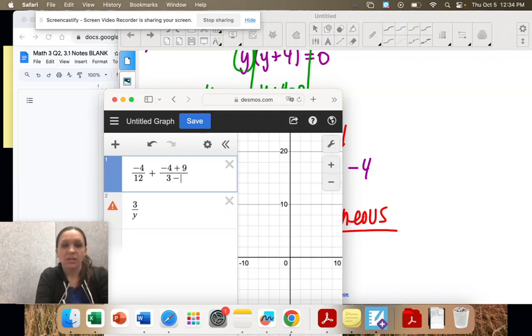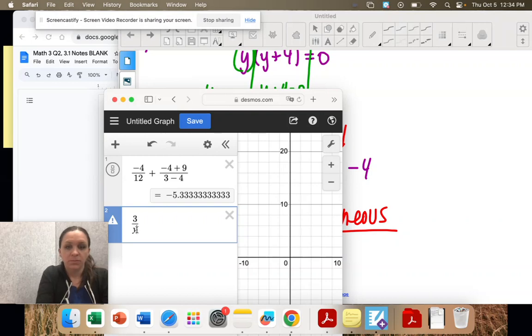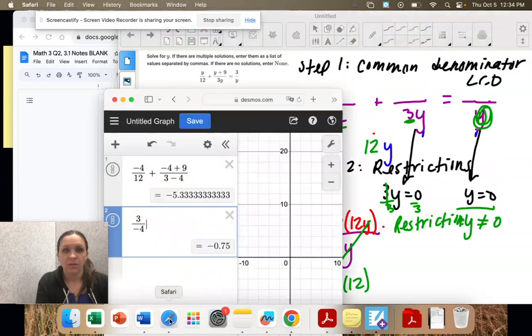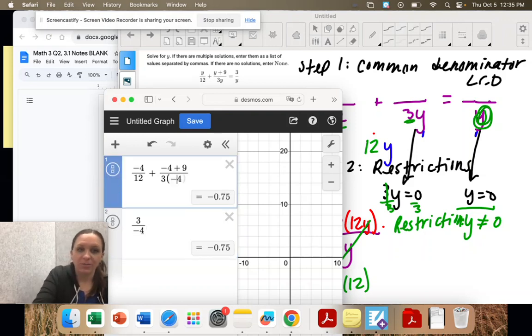So many y's. Is that right? y over 12, y plus 9 over 3 times negative 4. I was like, usually they're pretty close. They're the same. Okay.